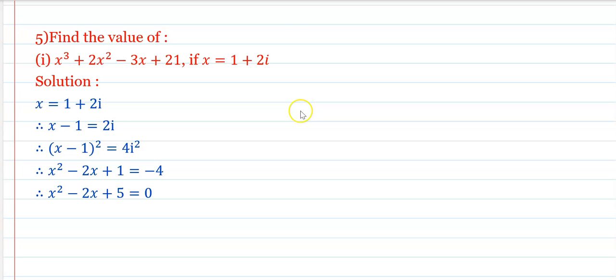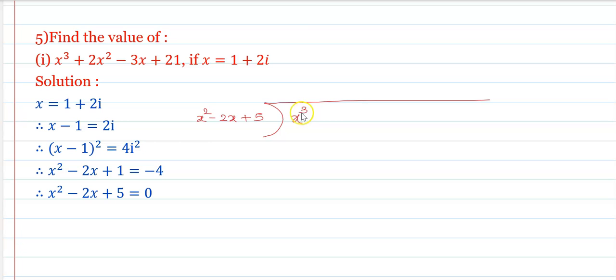Now the polynomial is divided by x^2 - 2x + 5. Therefore I will write here, x^2 - 2x + 5. This is the divisor. And what about the dividend?